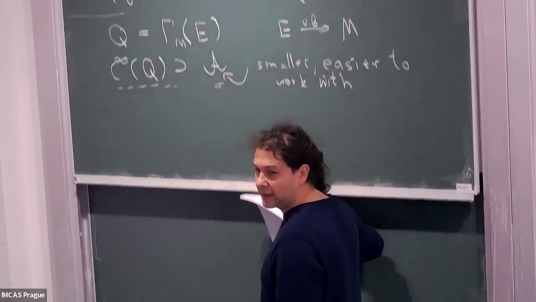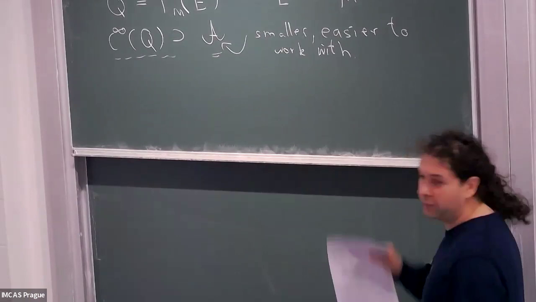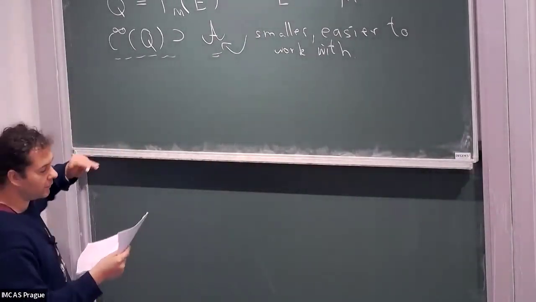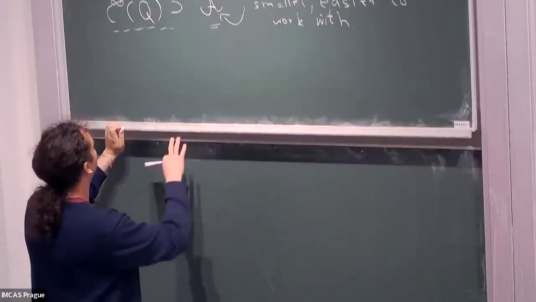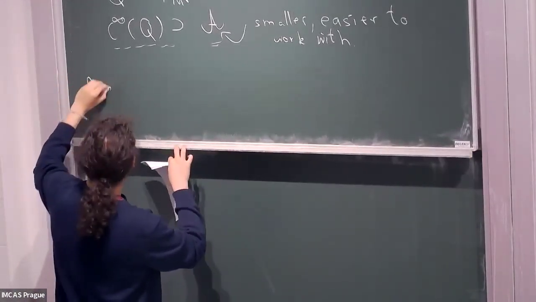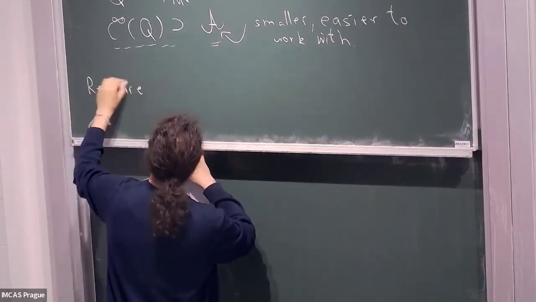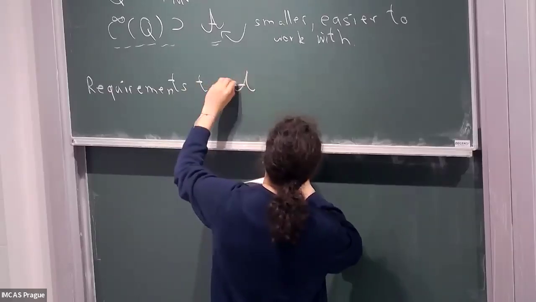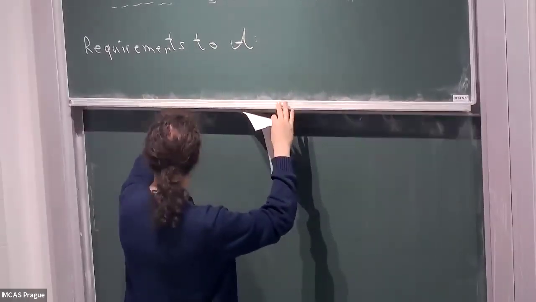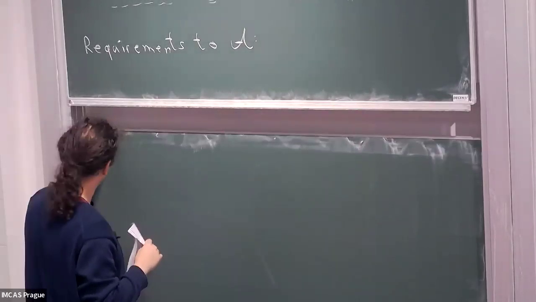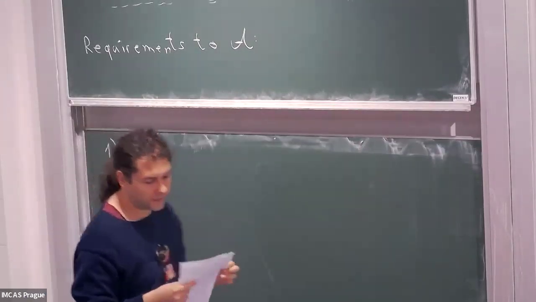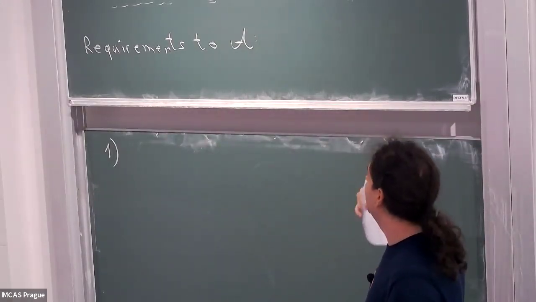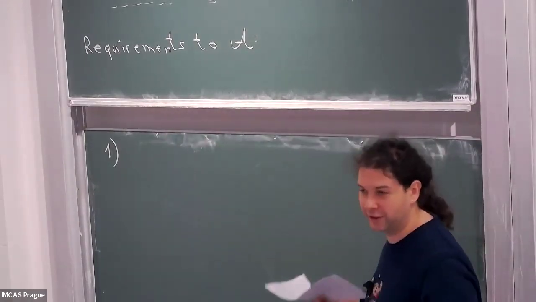And now one can ask what this A, which we haven't defined yet, should satisfy. So, requirements on A. The first thing we could ask for is that it should contain the linear functions.